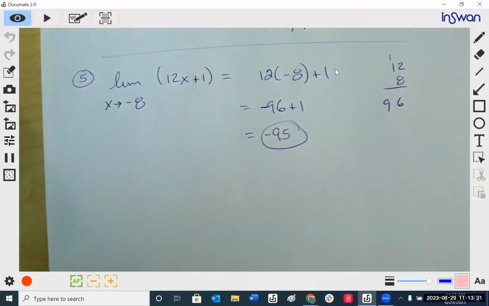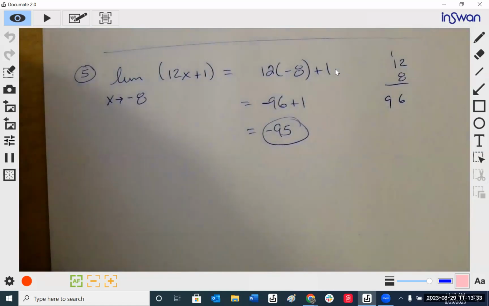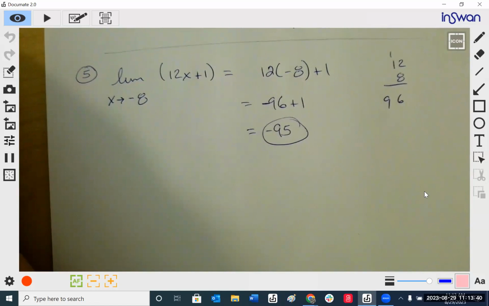And that's your limit. Makes sense? So again, whenever you have limit functions, the first step is always plug it in there. If it works, it works.